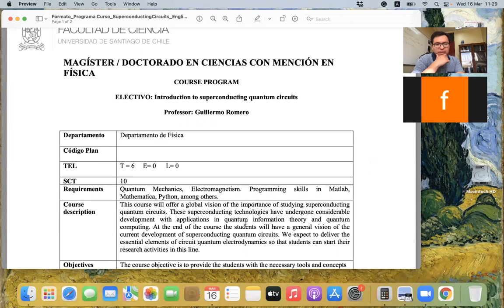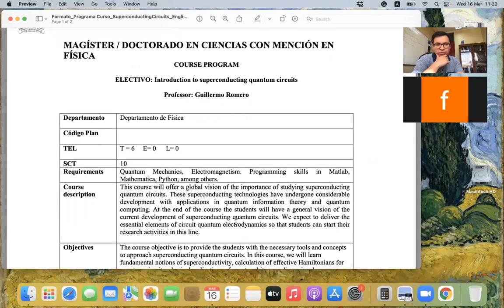As a first step, here I put some requirements for the lectures. Of course, all of you have had a course in quantum mechanics. So essentially, this will be applied quantum mechanics most of the time. You need to know some basic notions of electromagnetism.